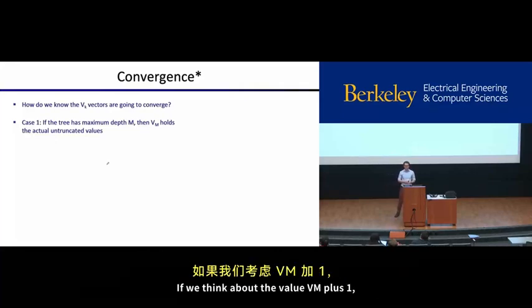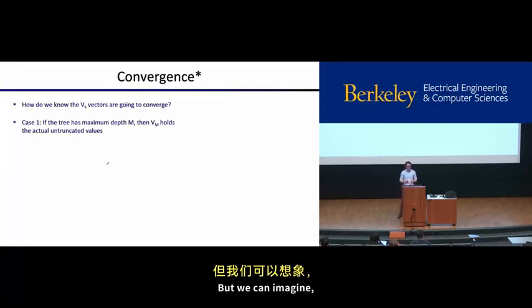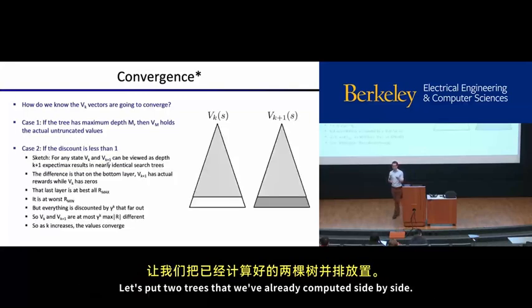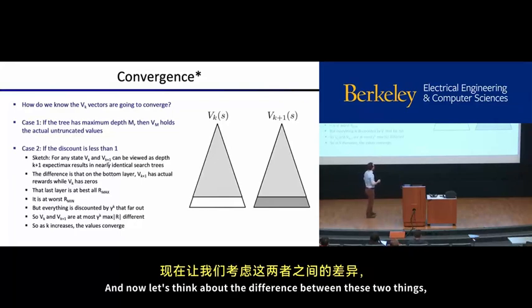If we think about the value Vm plus 1, we might not have that if we only have our tree that goes to depth m. But we can imagine having already computed the values in an expectimax tree of a certain depth. Let's put two trees that we've already computed side by side. Let's think about vk and vk plus 1, and now let's think about the difference between these two things.